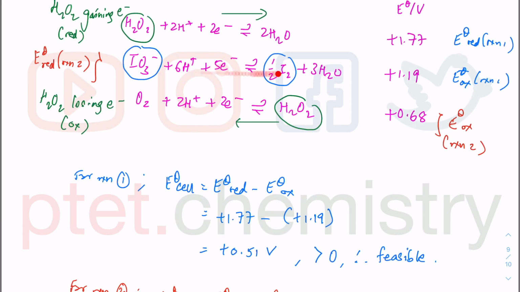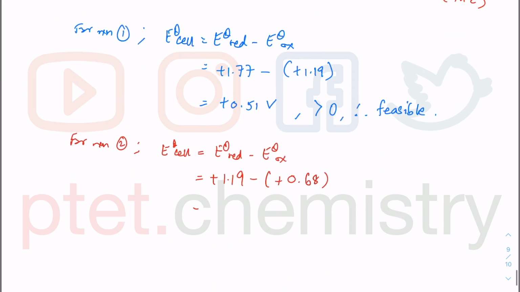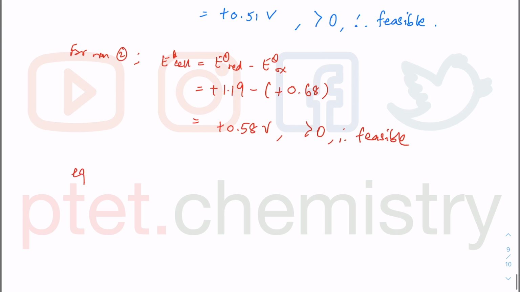So here this is the E-red, so plus 1.19 minus plus 0.68 volt. Press that into your calculator and you will get plus 0.58 volt. So again, we are being asked to show that they are feasible and spontaneous, and we just did the calculations and they are feasible. And the last mark is basically for the equation for reaction 2.